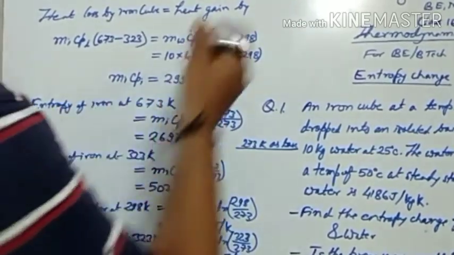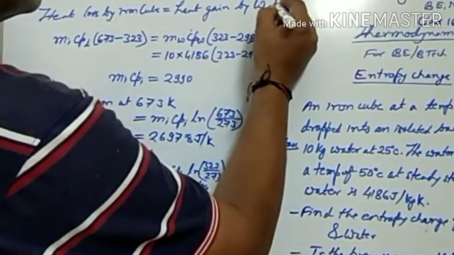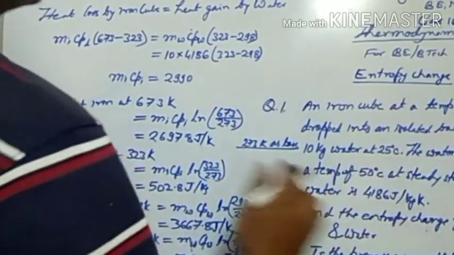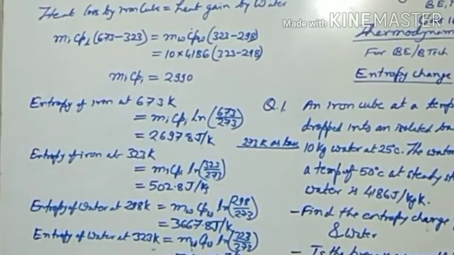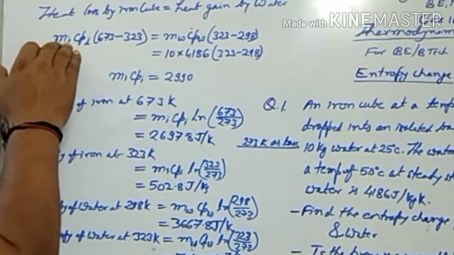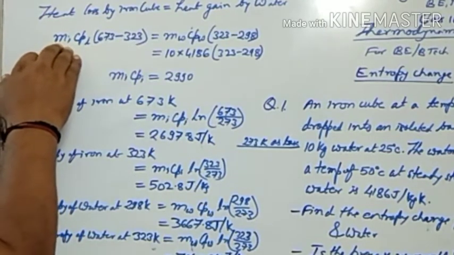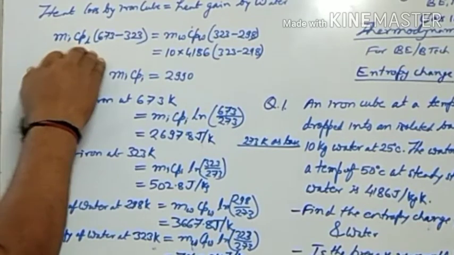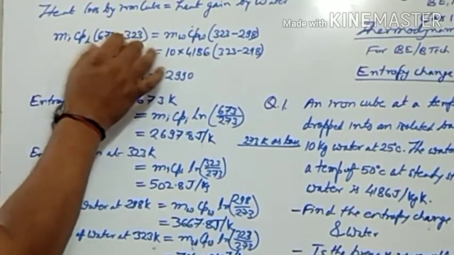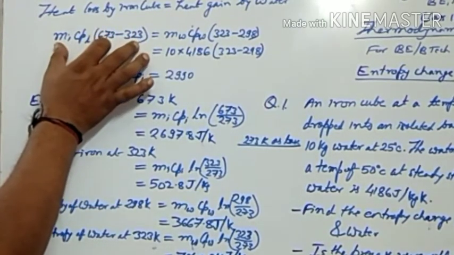We know this because the bath is insulated, so heat gained by the water is equal to the heat lost by the iron cube. Let Mi be the mass of the iron, Cpi the specific heat of the iron, and this is the change in temperature. That is the heat lost by the iron.